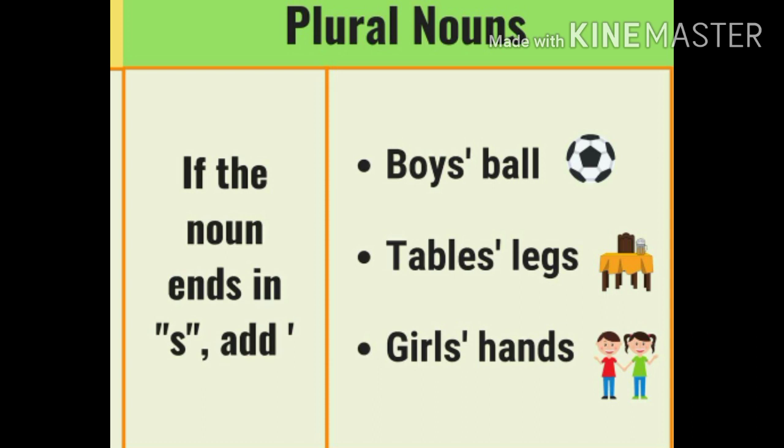So here the regular plural noun, boys' ball. Boys is a plural noun. So when you are writing boys, you add the apostrophe after the S. So it actually means boys, B-O-Y-S, boys apostrophe. That is how it is written.